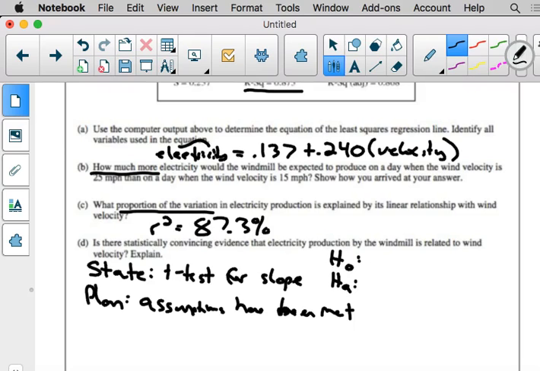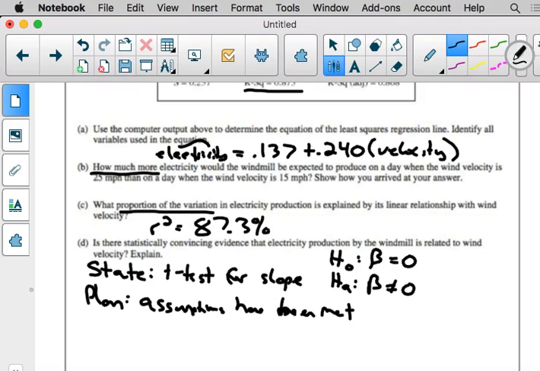Maybe I should reference the null: that the actual slope is 0. Here, we're not given a direction, so we'd be testing that the slope is not 0. I think that is kind of a natural consequence of hypothesis testing. We didn't mention that right above.